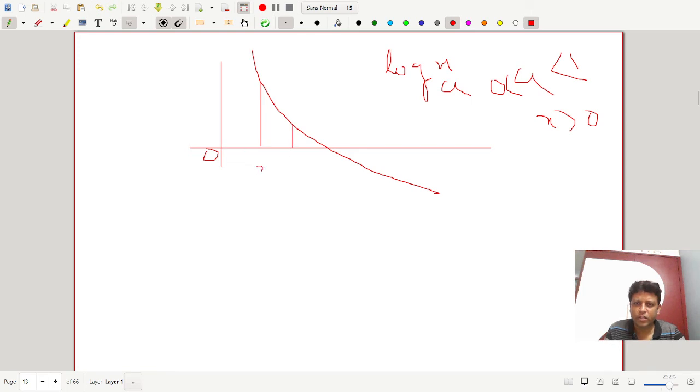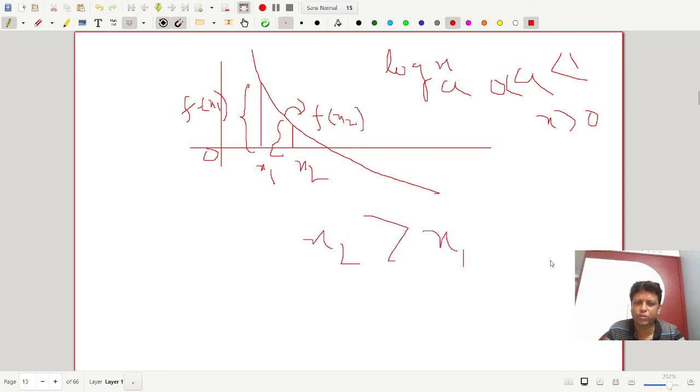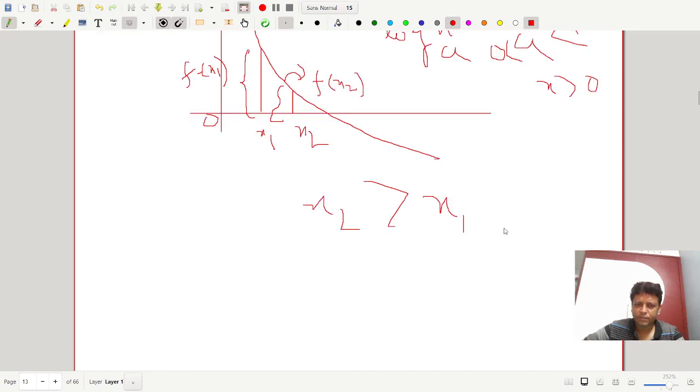So this is your x1 point, this is your x2 point. Now what is the height at x1? f(x1). What is the height at x2? f(x2). So x2 is greater than x1. Am I clear?